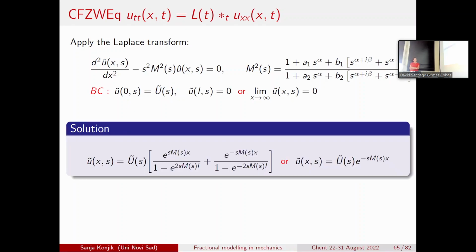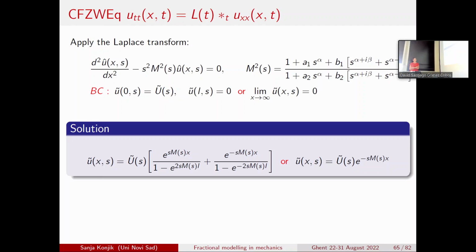And so our solution, depending on whether, as I mentioned, two sets of boundary conditions, so bounded or unbounded domain, half-bounded domain, it will influence the form of our solution. Now I see again some mistakes. Here it should be tilde. Okay, it is Laplace transform, not Fourier.